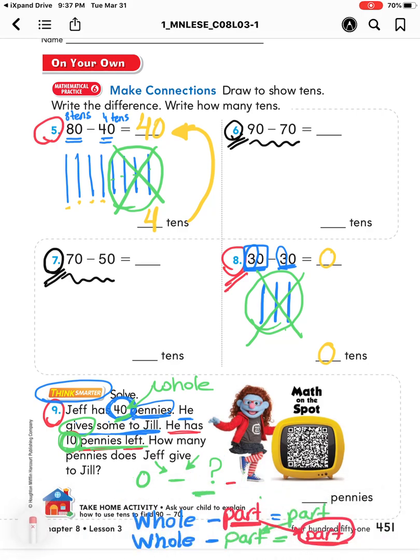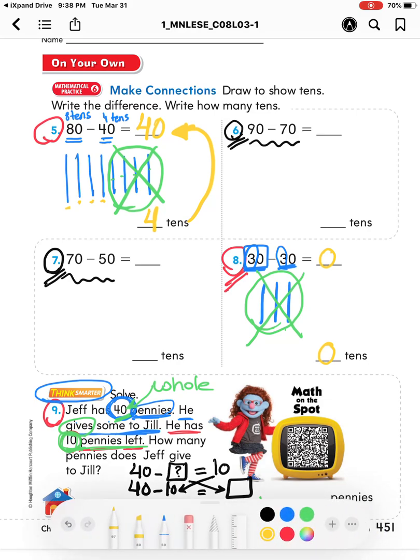So in this part, we have 40 minus, we don't know how many he gives to Joe, but we know this part, how many is left. Now we need to know this number, so we will switch. Do it like this. It will be 40 minus 10 equal, let's see equal what.